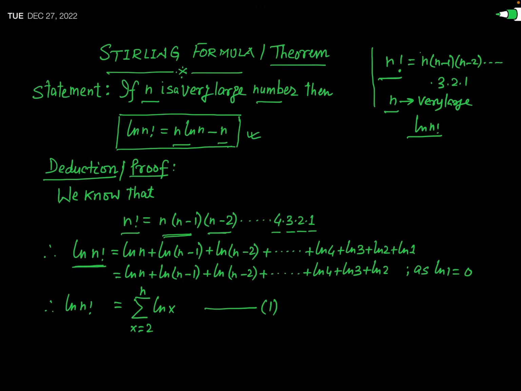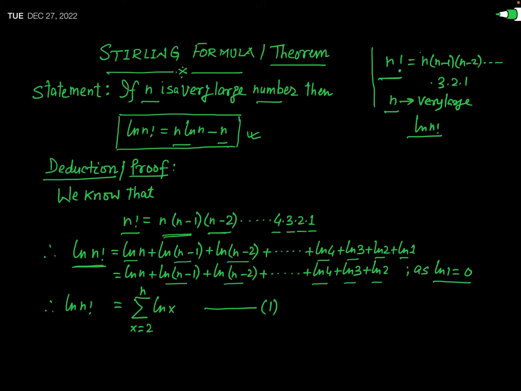So we can write that log n factorial is equal to log n plus log (n minus 1) plus log (n minus 2) and so on, plus log 4 plus log 3 plus log 2 plus log 1. This is a very simple concept. But as you know, log 1 is equal to 0, so the last term will be 0, and our result is log n plus log (n minus 1) plus log (n minus 2) and so on, plus log 4 plus log 3 plus log 2.